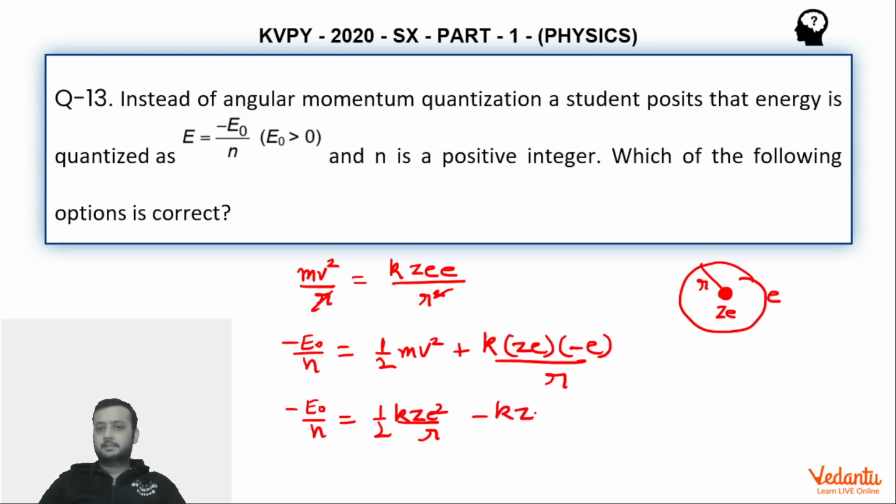So this gives us minus kZe square upon 2r is equal to minus E naught by n. So from here we can see that r is proportional to n. It is very obvious that r is proportional to n.